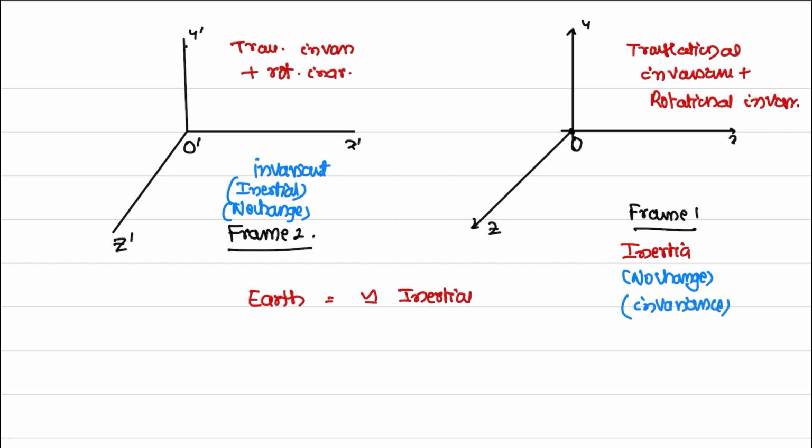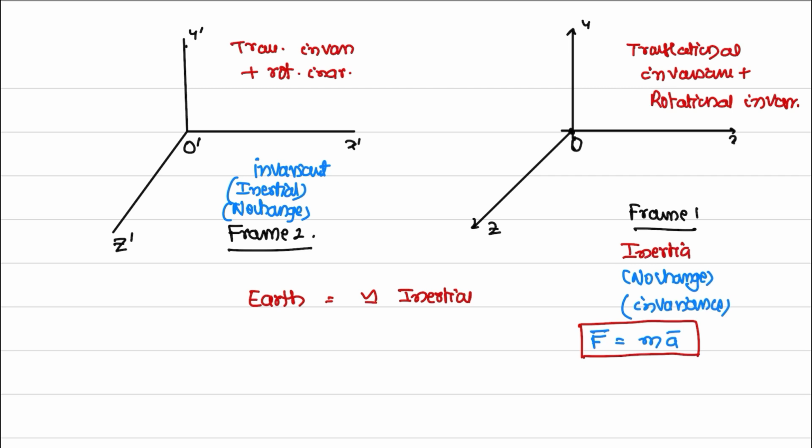First law and second law combined together, Newton's law, we say F is equal to ma. If Newton's first law and second law are valid in inertial frame 1, they are also valid in inertial frame 2.